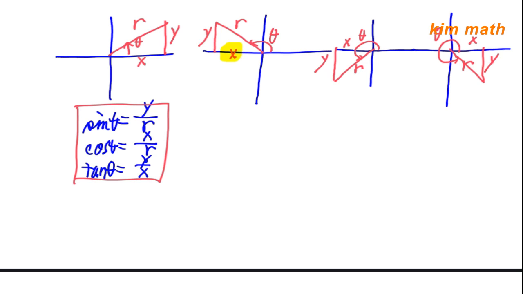In the third picture, x is negative, y is also negative because y is below the origin. Okay. If your angle is in the fourth quadrant, in this case, only y is negative. Okay, these four things are negative, all other things are positive.